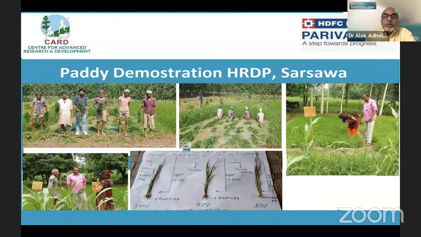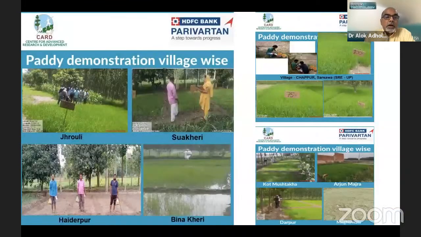At the same time, soil health is also improving with these product deliveries. So these are initial signatures which indicate 25% and 50% reduction in fertilizer.